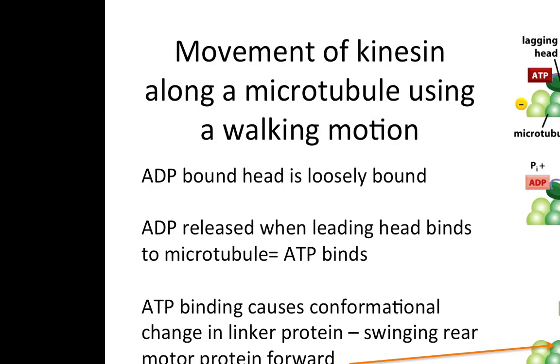ATP changes the conformation of the protein, and in this case, the big part to pay attention to is this linker protein here. The conformation of that linker protein is what changes when you have ATP binding and then ATP hydrolysis. So when you go from ADP to ATP, you're driving forward motion of this rear motor domain.